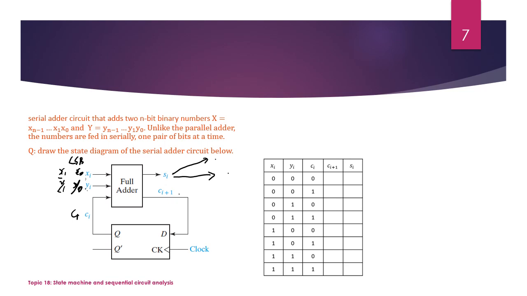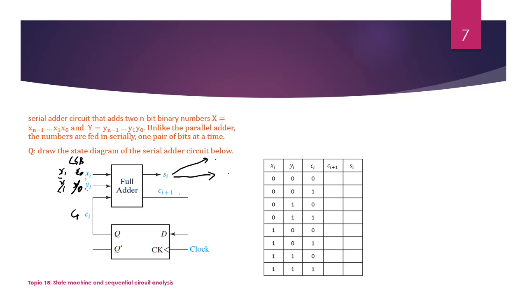Okay, so pretty simple. Since this is a state machine, let's look at how it works using a state diagram. Let's try to translate this logic diagram into a state transition table.